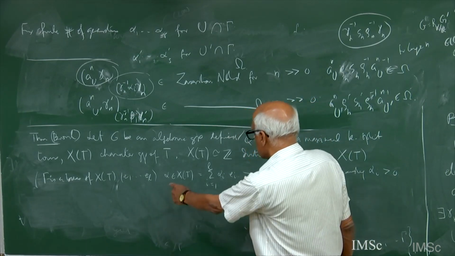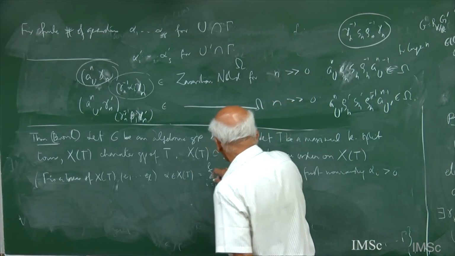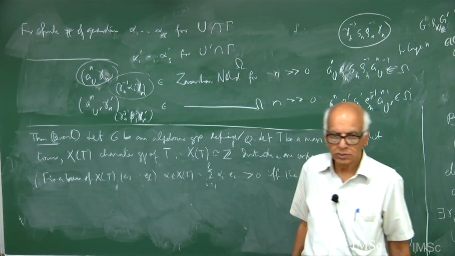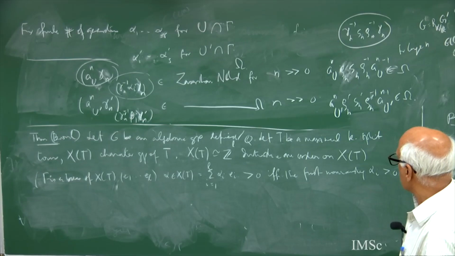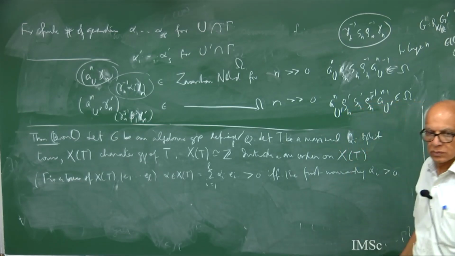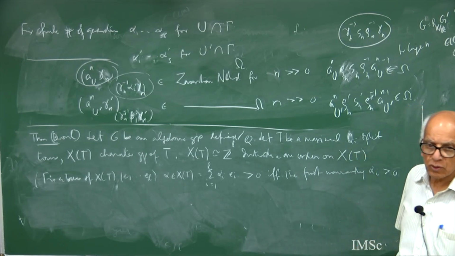See, this is the basis; X(T) is Z^L, corresponding to the free abelian group on L generators. G is an algebraic group defined over K, is it? I'm saying, T be a maximal Q-split torus.